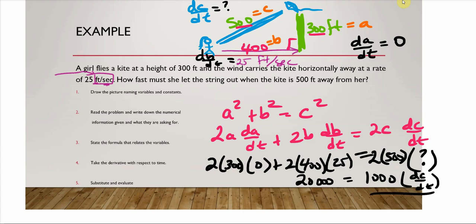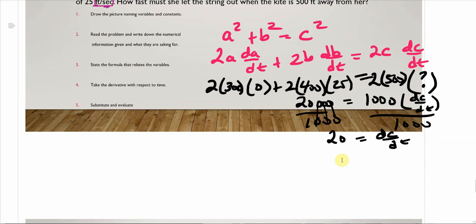So then when I divide by 1,000, this is going to simplify, and I'm going to end up with 20. 20 is going to be dC/dt. Now, when you're doing these problems, yes, 20 is a great answer, but you also have to include your units.